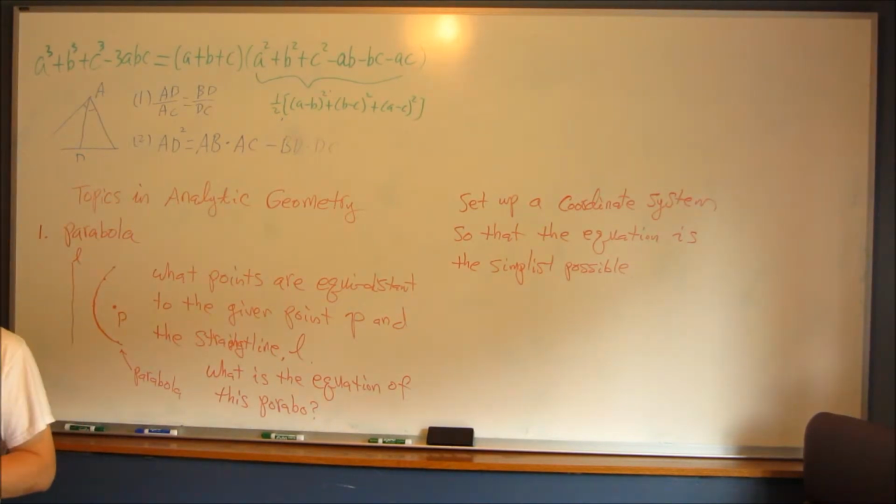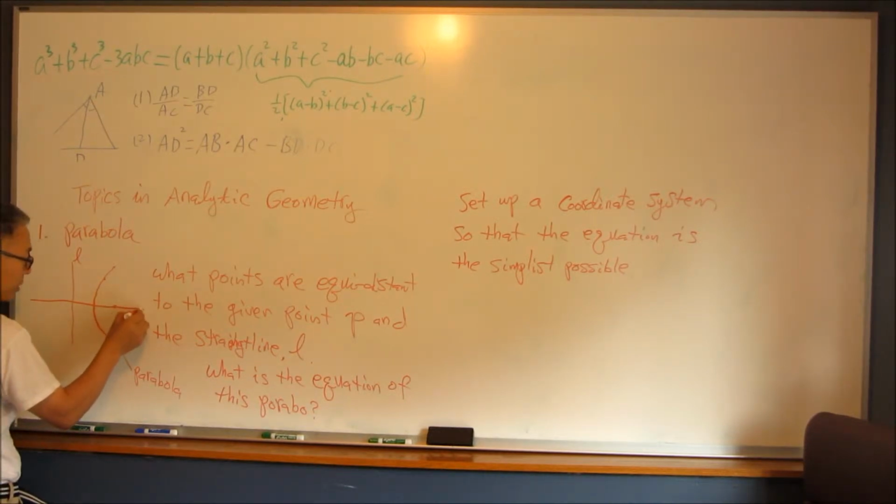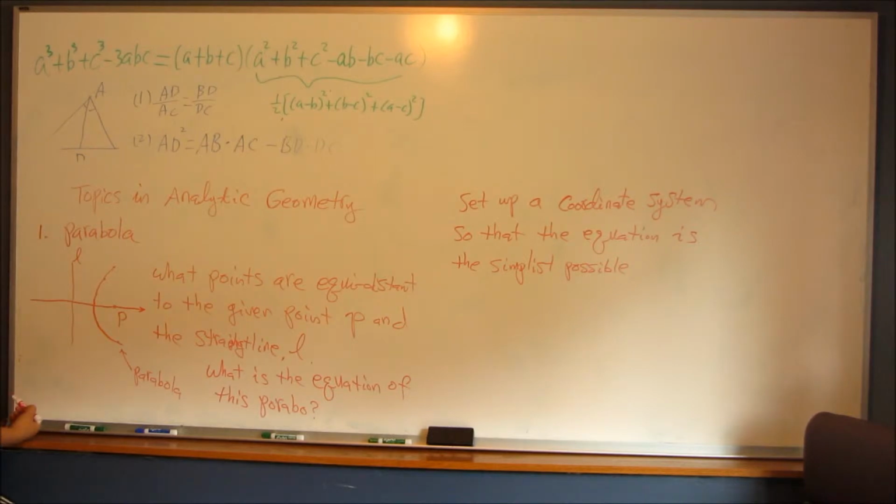So how can we set up the XY coordinate system? Obviously, we can make use of this point and this straight line. We draw a perpendicular line from the point to the line, and then extend to the other side. That's the x-axis. And how can we pick the y-axis?